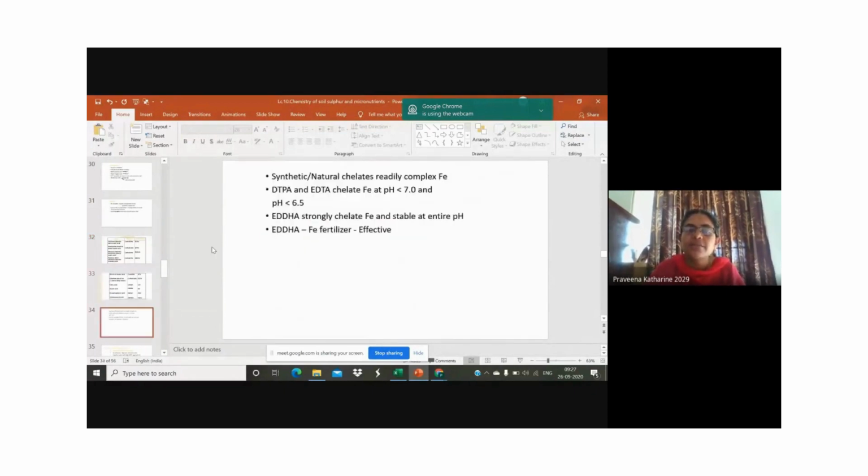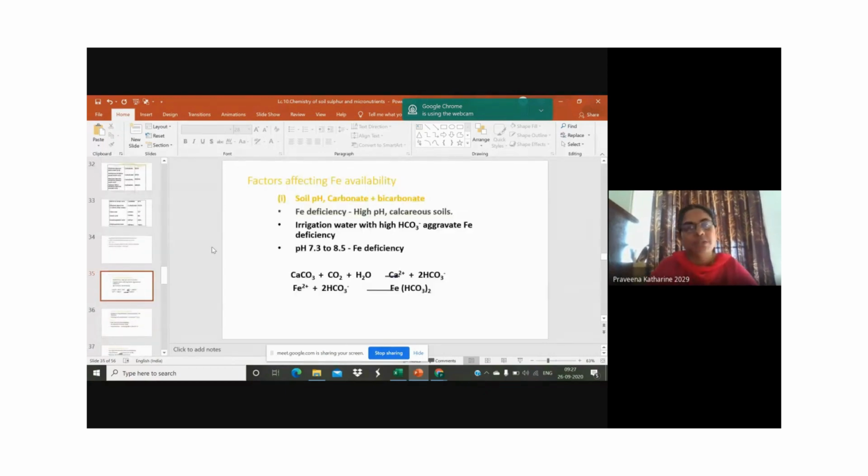Otherwise, if you apply the micronutrients in the soil, they would get leached away. That is one reason to give micronutrient spray. The requirement by the crop is very low, and if you apply it in the soil, it would be lost. That is why you give micronutrient spray also.